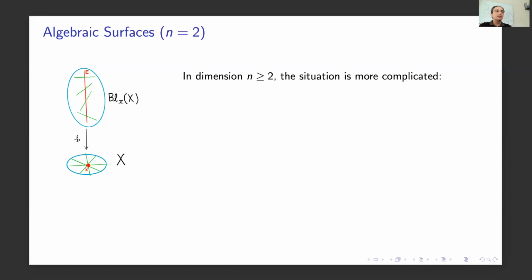So let's consider this example. We are considering now the case of algebraic surfaces, so in particular complex dimension equal to 2. Let's suppose that this first surface is smooth, and let's fix a point on the surface. What we can do is construct the blow up of such a surface.